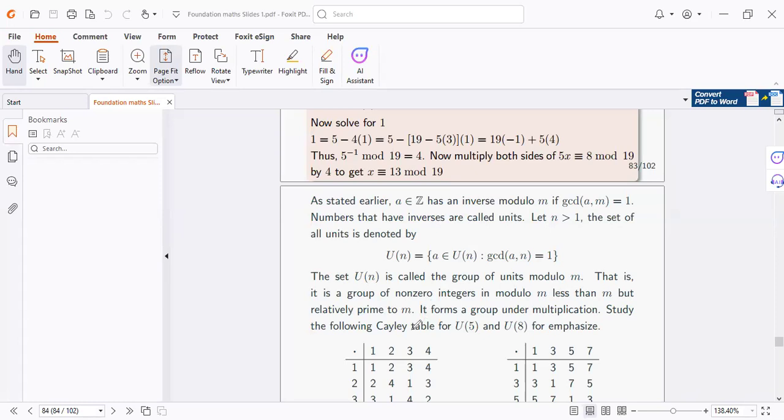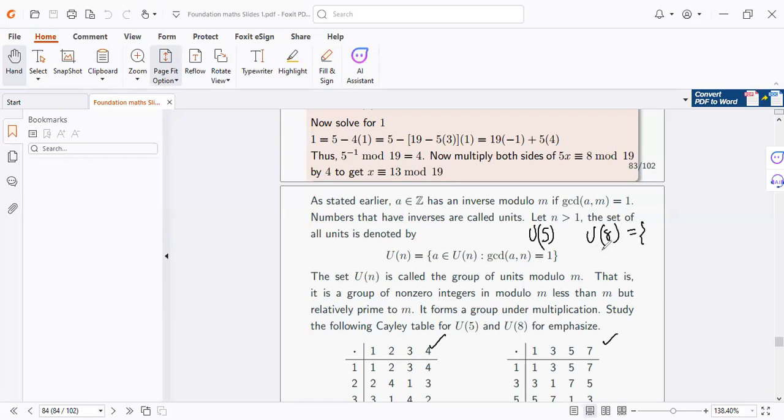Okay, before that, let's just see what I've done here. I want to multiply elements of U5 in this table. And then in this table, I'm multiplying elements of U8. U8, you know what it is.